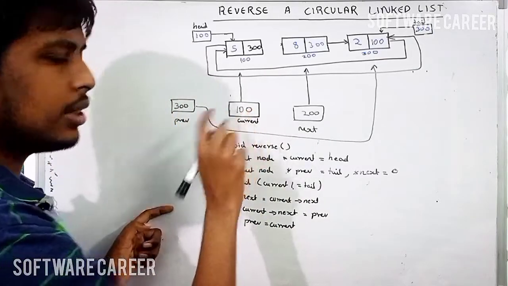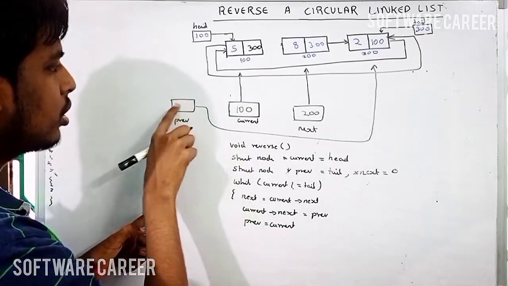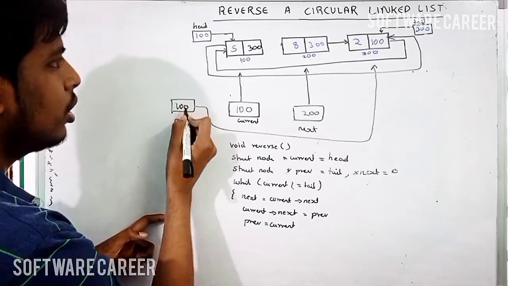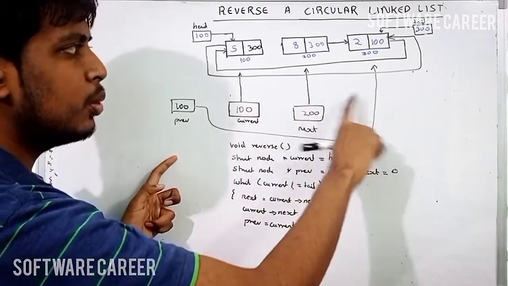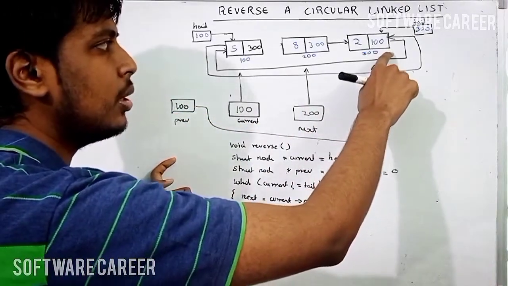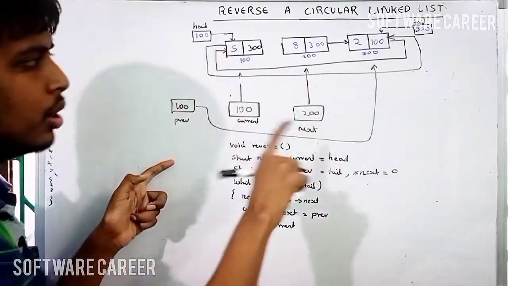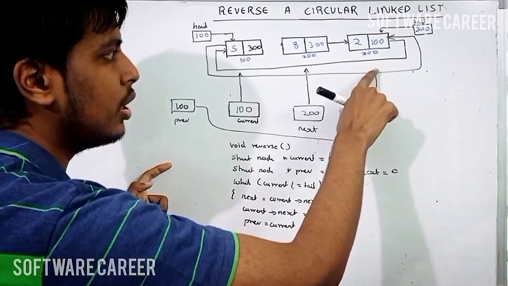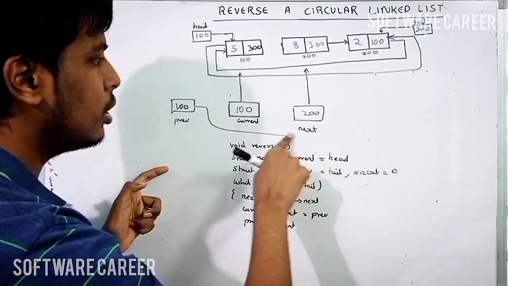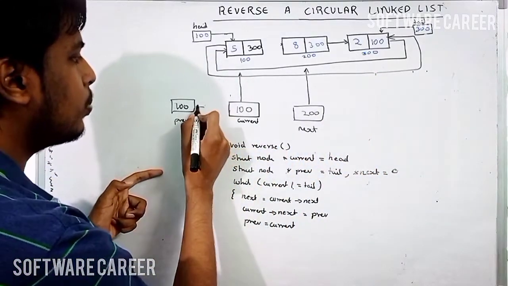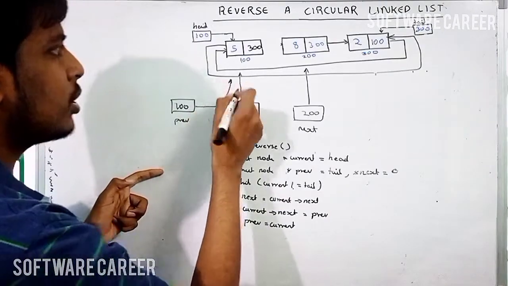Now see, current address is 100. 100 is stored in previous. So the previous pointer is moving one step ahead. It was pointing at the last node, and one step forward of the last node is the first node, because this is a circular linked list. Now this pointer gets cancelled and the previous pointer is pointing to the first node.